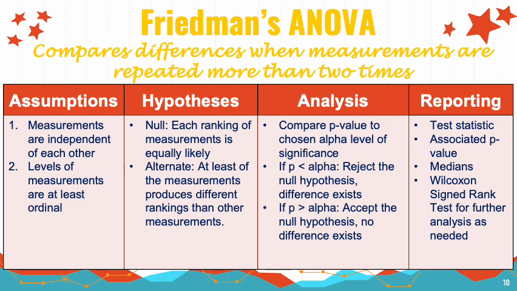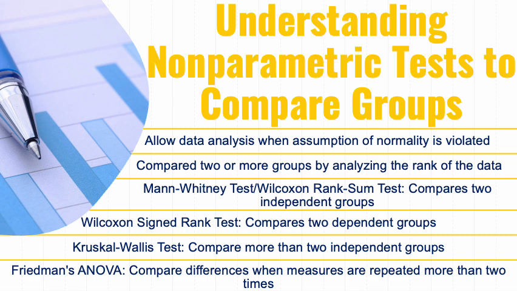Also, again, if your p-value was less than alpha and you rejected the null hypothesis, you should report the Wilcoxon sign rank test used to analyze the overall difference and include those results as we discussed earlier in the lecture.